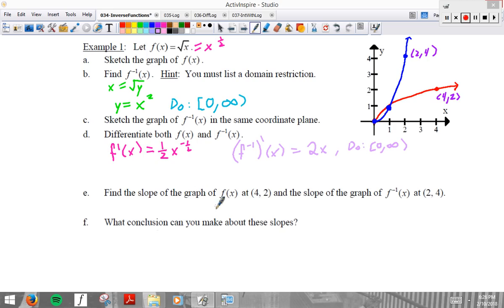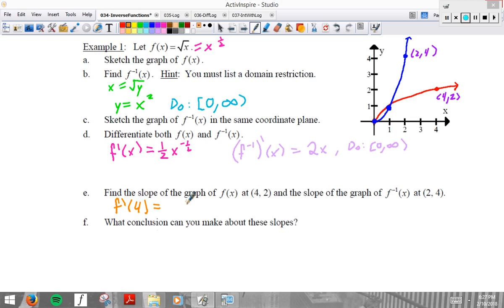So find the slope of f at (4, 2), and the slope of the graph of f inverse at (2, 4). Finding the slope of the graph of f at (4, 2) is f prime of 4. It's not f of 4 prime, it's f prime of 4.